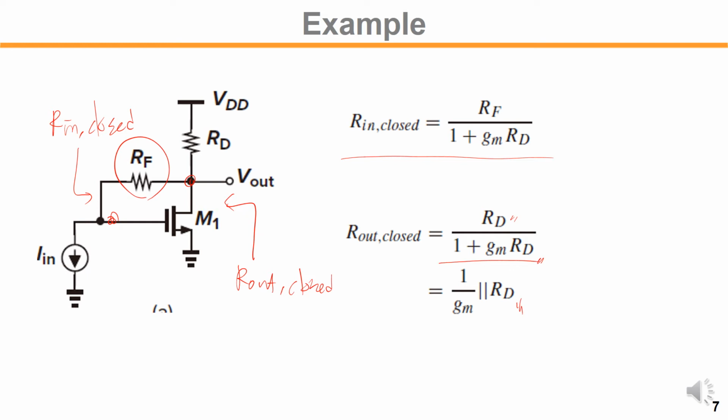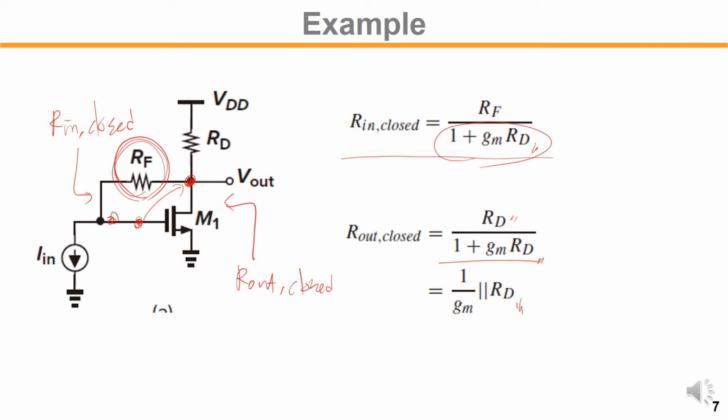In the first case, you have the RF. You look at it as some kind of Miller gain. So the gain from here to there is GMRD. So the RF impedance is reduced by 1 plus the loop gain, 1 plus GMRD.